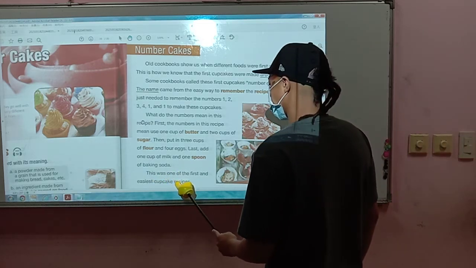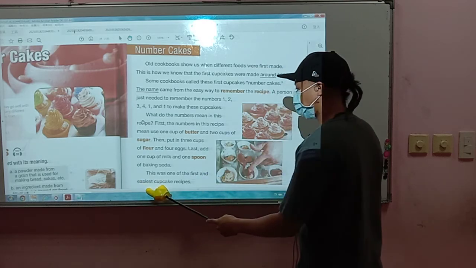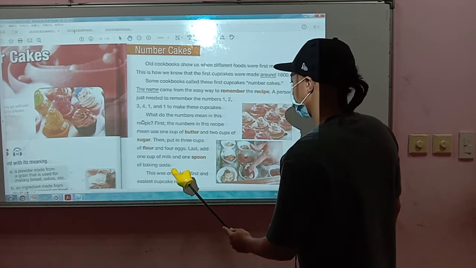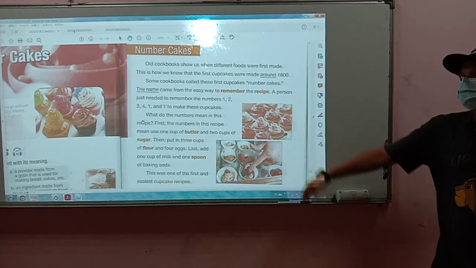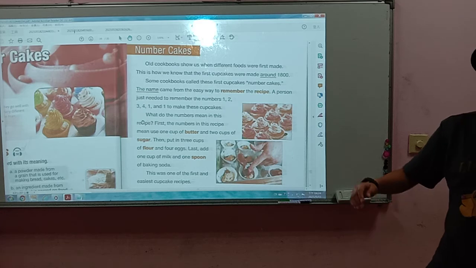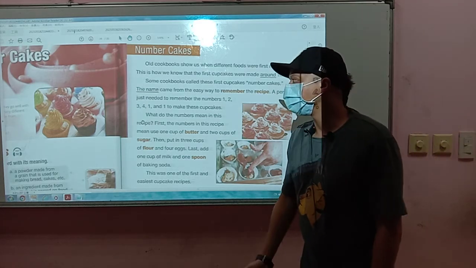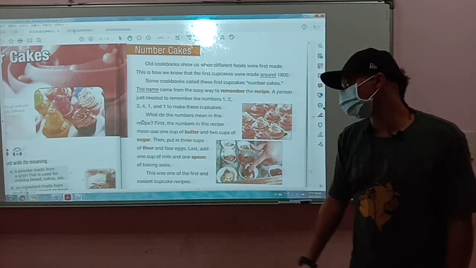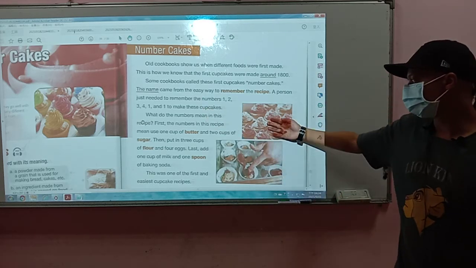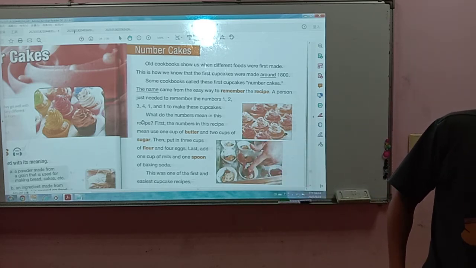This was one of the first and easiest cupcake recipes. Okay, so of course, number cakes refers to the recipe on how you can make cupcakes. Okay, so you can see there are some beautiful pictures over here of the tasty, delicious cupcakes.